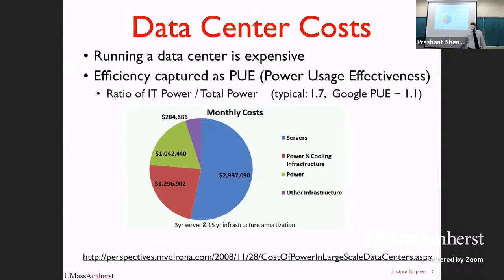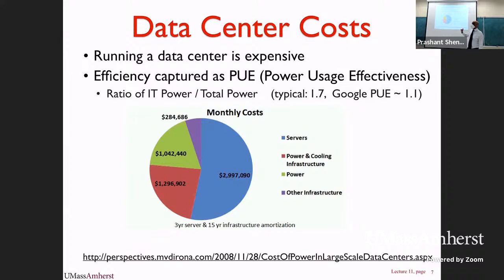Okay? So not surprisingly, there is a lot of work that has gone into how to reduce the power footprint of your data center. Because if you reduce the power consumption, you are going to get a more efficient data center that's going to have lower operational cost. Okay?